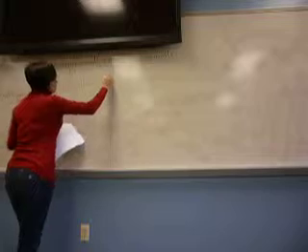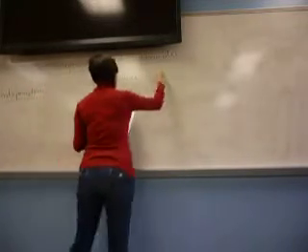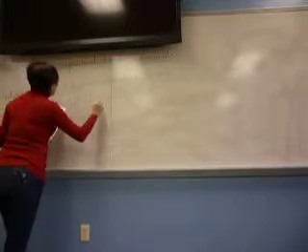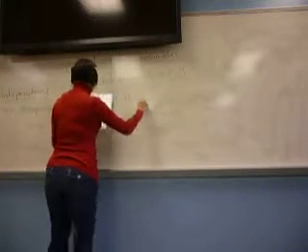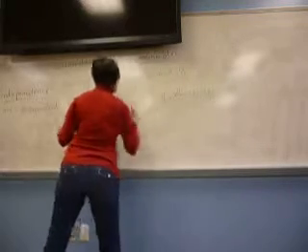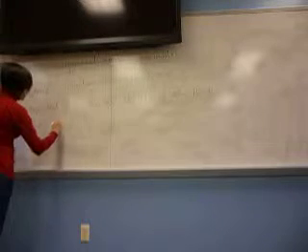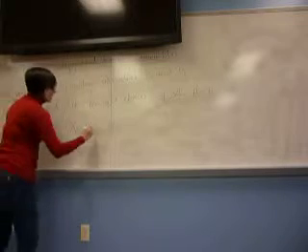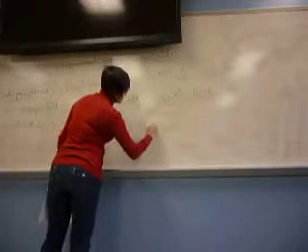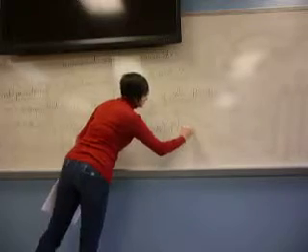Random variables x and y are independent if for all choices of sets A and B, the probability that x is in A and y is in B is just the product of these individual probabilities: the probability that x is in A times the probability that y is in B.